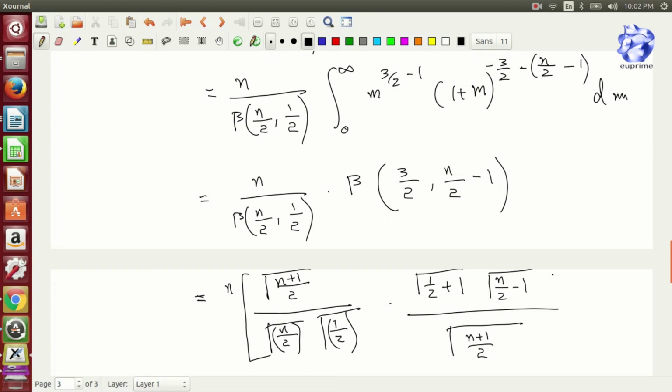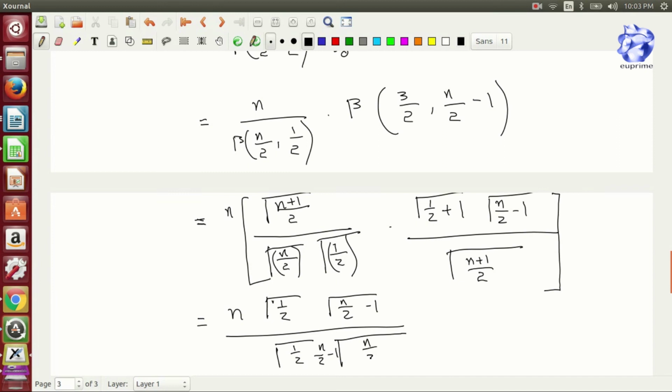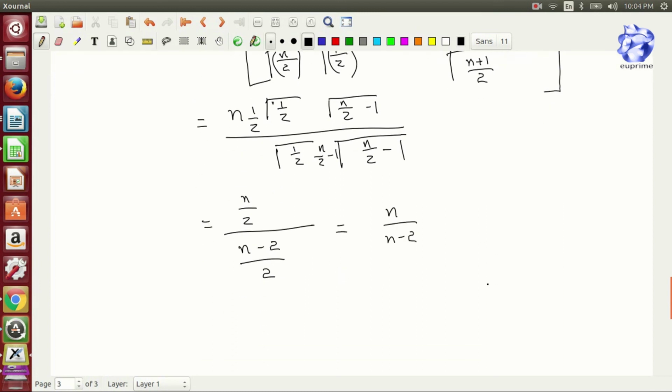So we expand these values with respect to n, and 1 by beta of n by 2 comma 1 by 2 is given as the first equation, that is the root of n plus 1 by 2 by root of n by 2 and root of 1 by 2, and the next is the reciprocal of it.